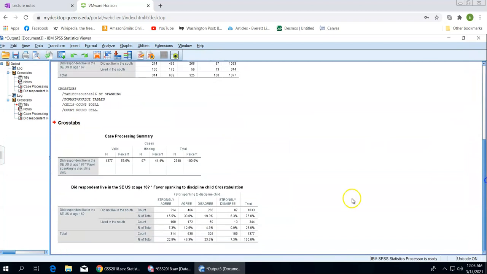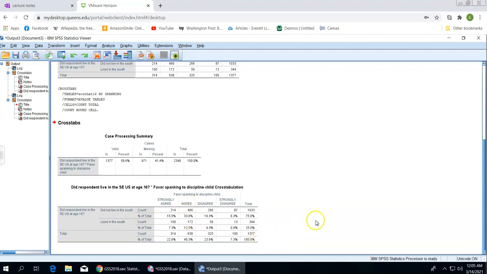The total percentages show you that 15.5% of all the people in the study did not live in the South and strongly agreed with the statement. 33.8% did not live in the South and agreed with the statement.